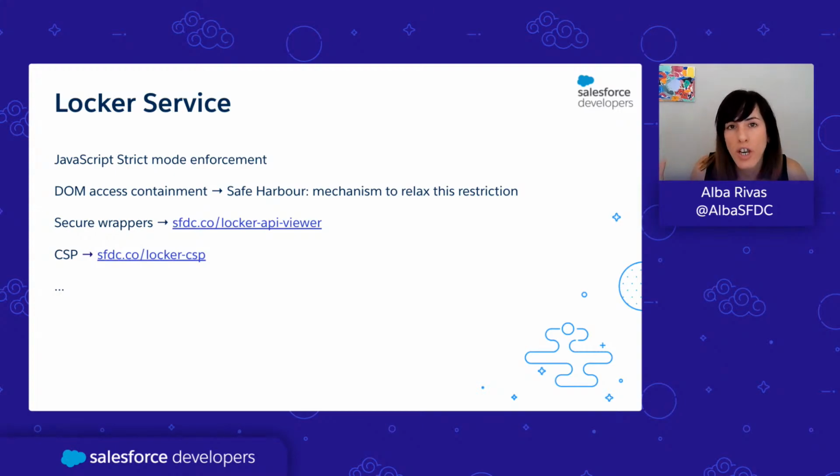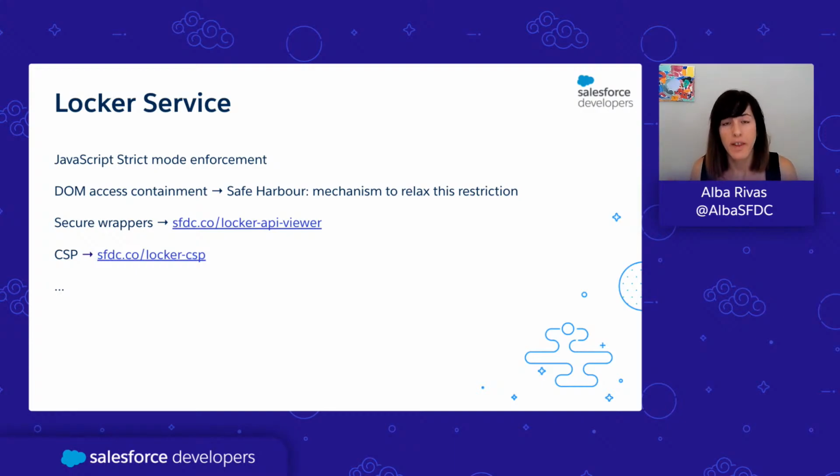That from the AppExchange, for instance, and that component, thanks to Locker Service, you are secure, you are safe, that component is not going to gain access to other components that you have in your page, because Locker Service is preventing that, right?